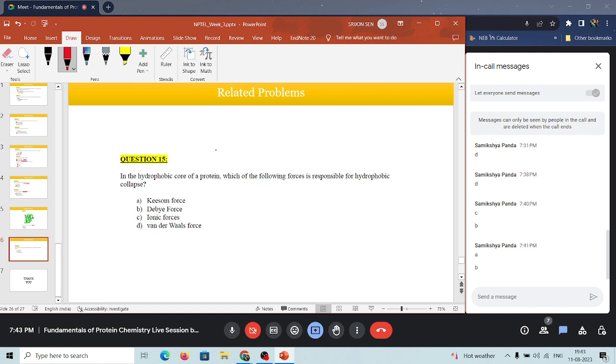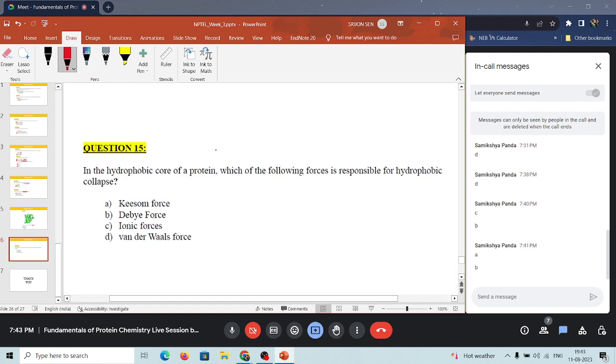And the last question for the day: in the hydrophobic core of a protein, which of the following forces is responsible for the hydrophobic collapse? So what forces actually lead to the hydrophobic collapse in the hydrophobic core of a protein? Any other answer apart from D?